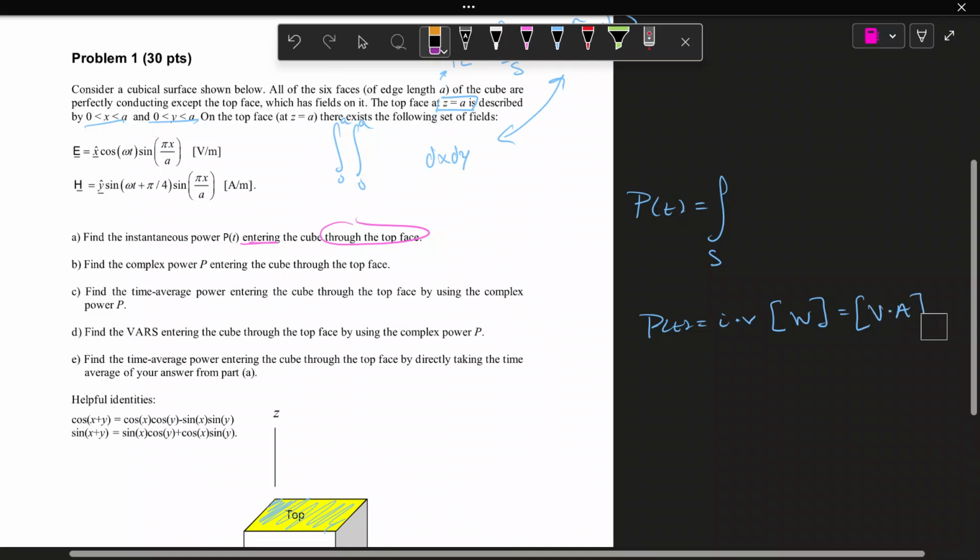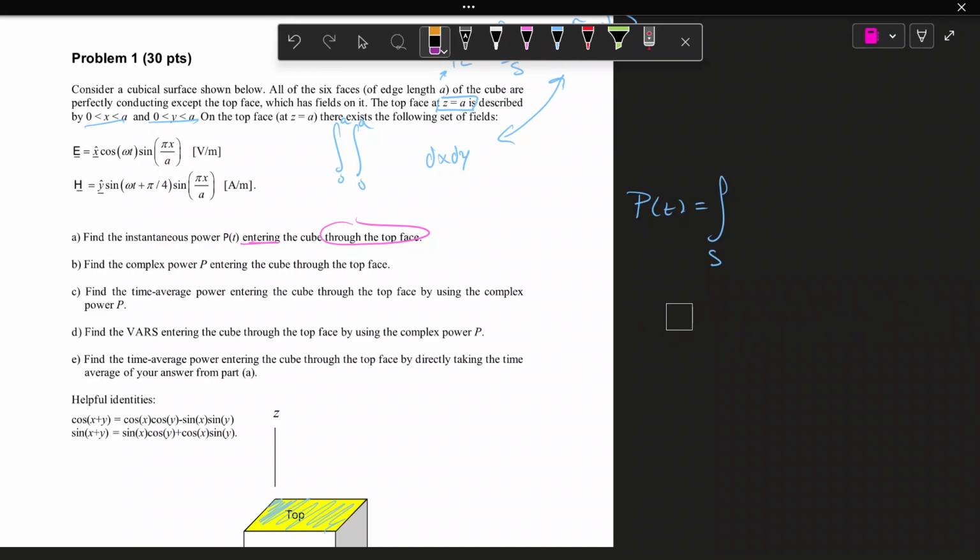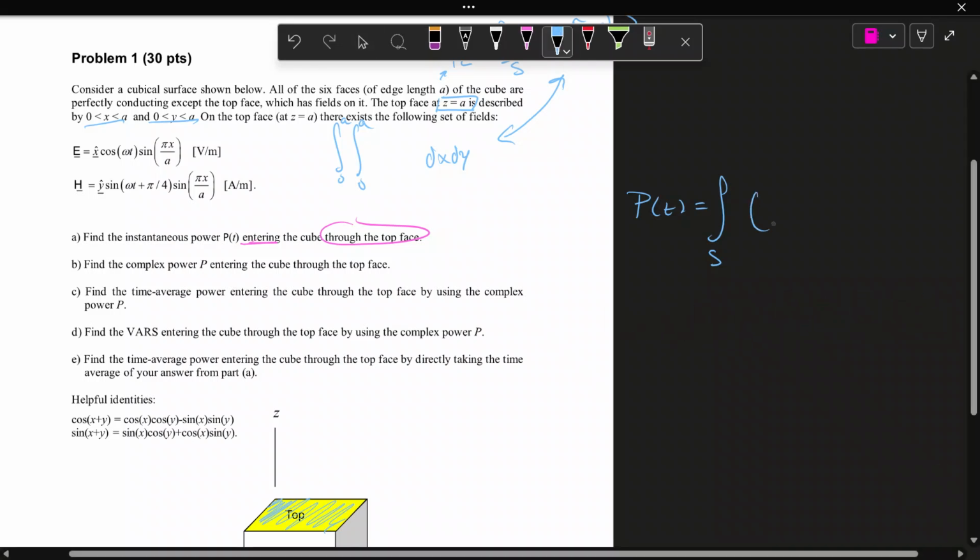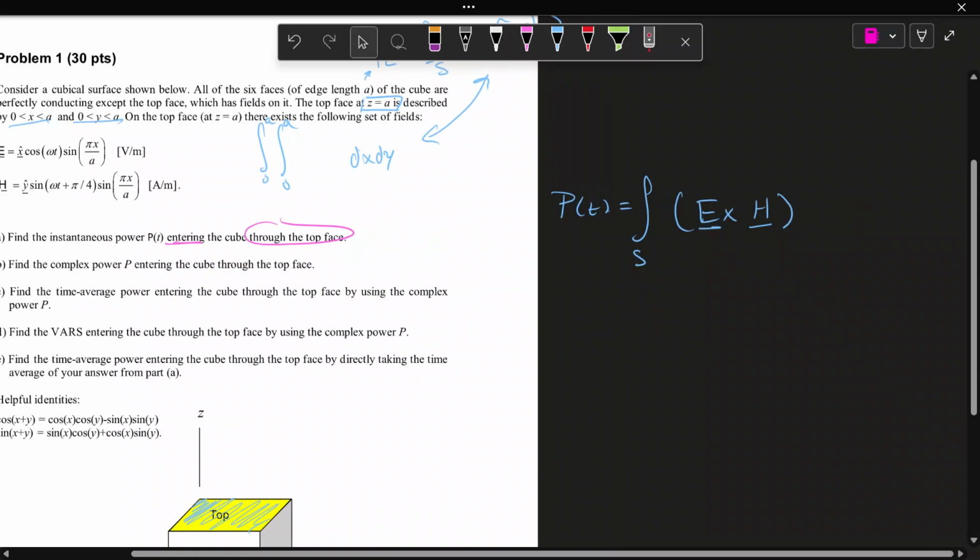Well, that's good to know because this is very similar to this one, except we're going to be taking just the magnetic field crossed with the electric field.